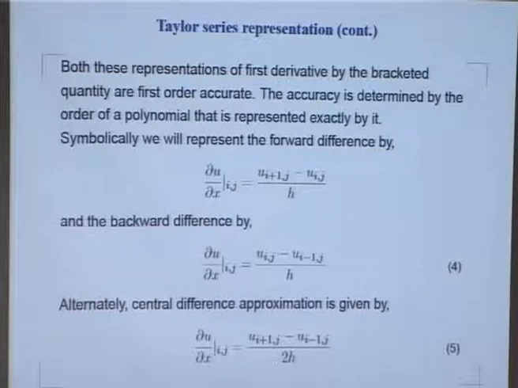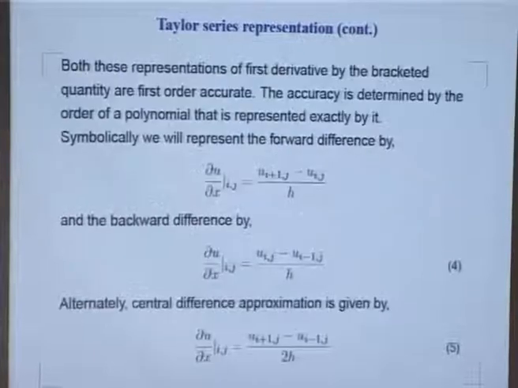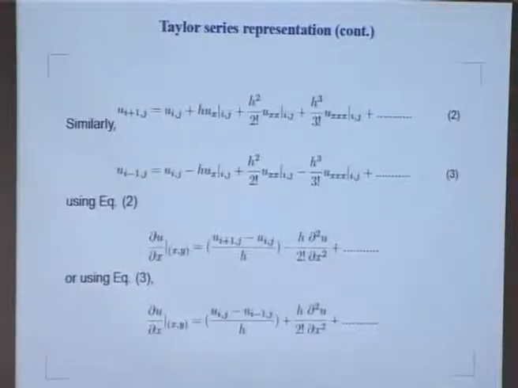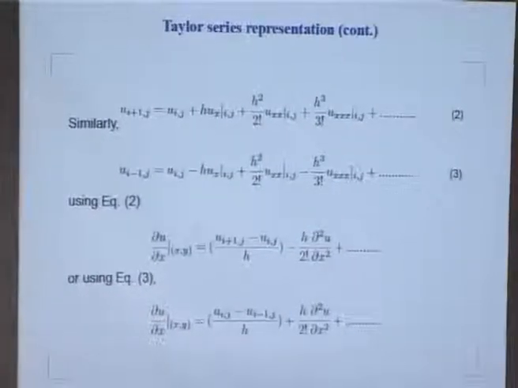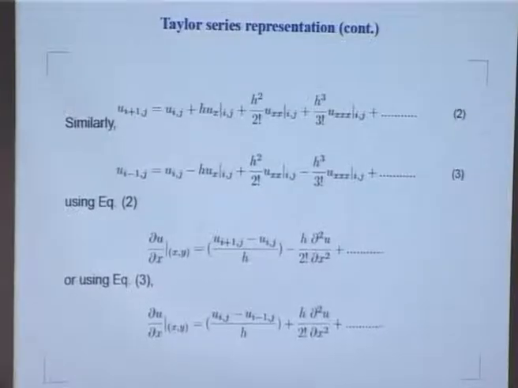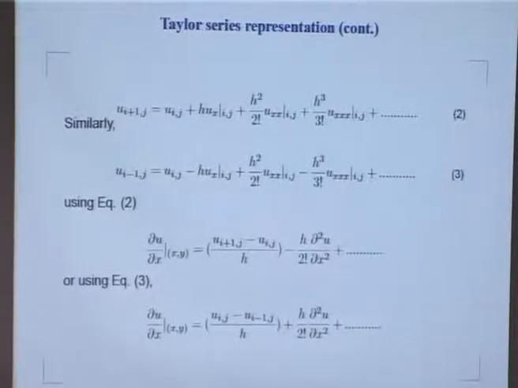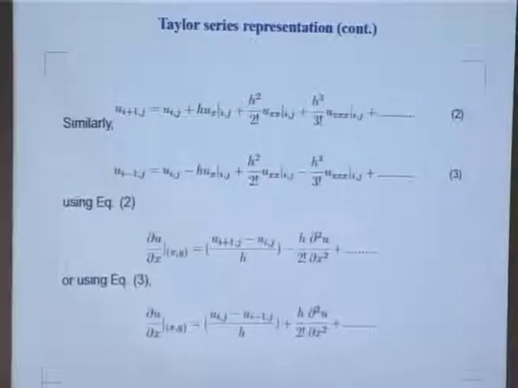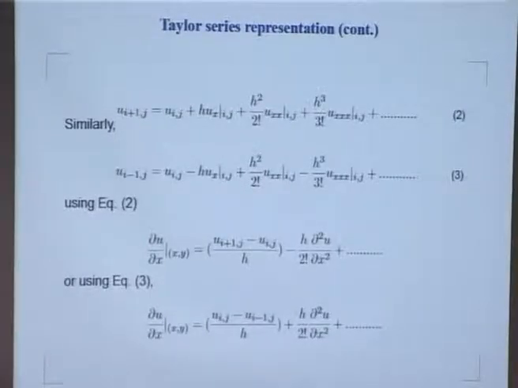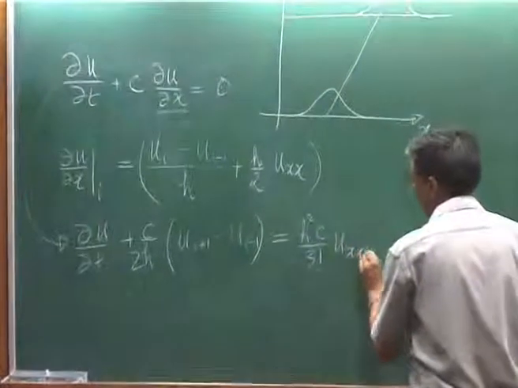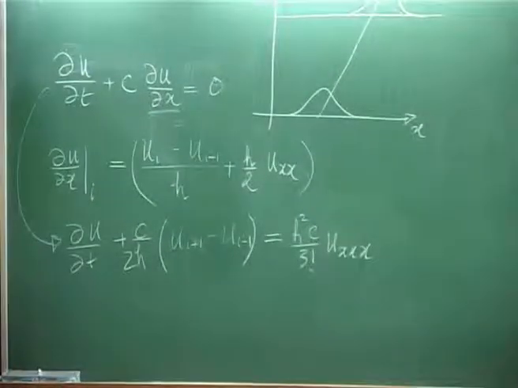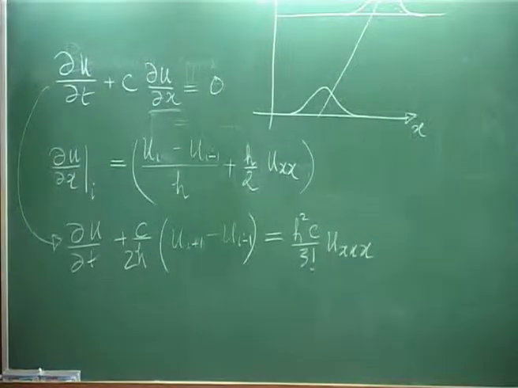No, I did not write it anywhere, but you can help me. So, we will get what? Subtracting. So, basically this. So, I will get h square by 3 factorial. So, what would that do? That would give you dispersion.